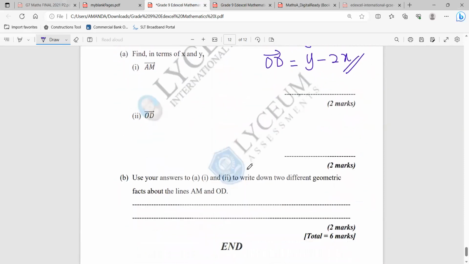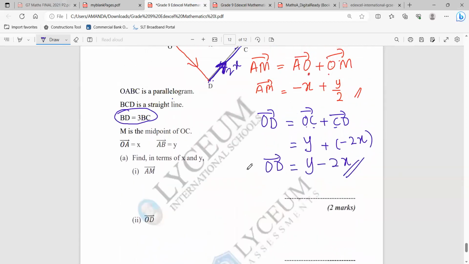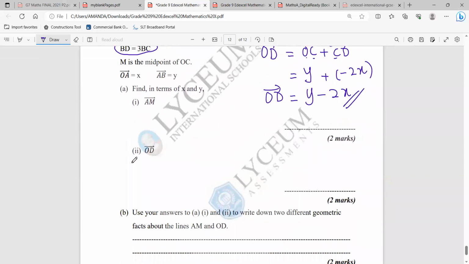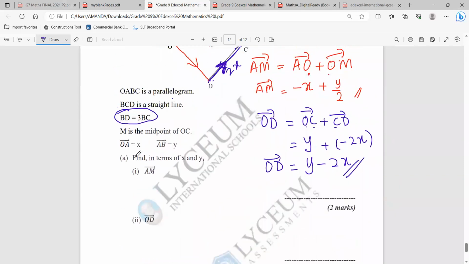And then use your answers in 1 and 2 to write down two different geometric facts about lines AM and OD. Shall we write AM and OD and see what happens?